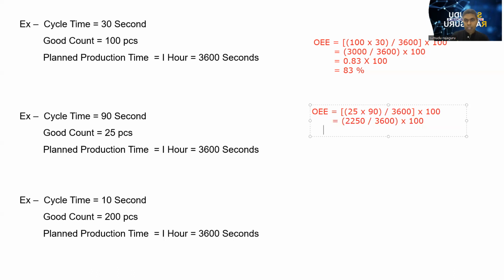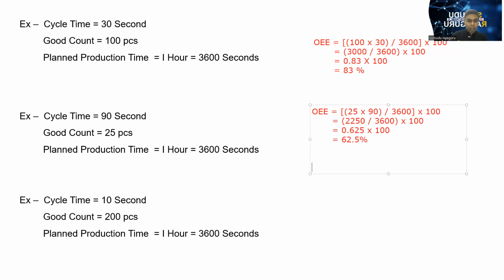Dividing by 3,600 gives 0.625, into 100. That means overall equipment efficiency is 62.5%.